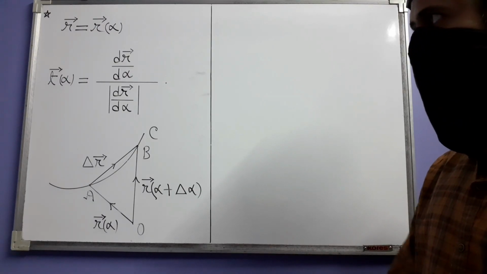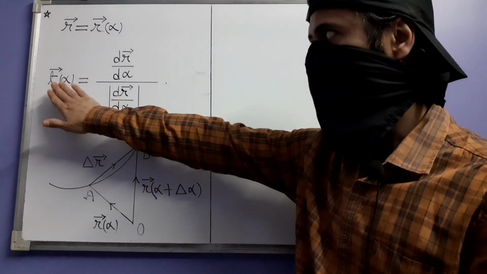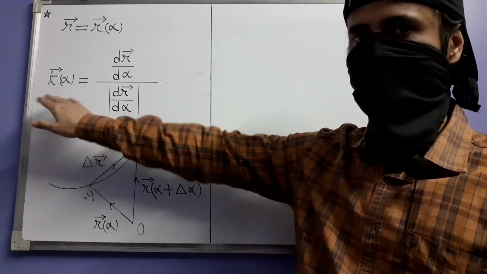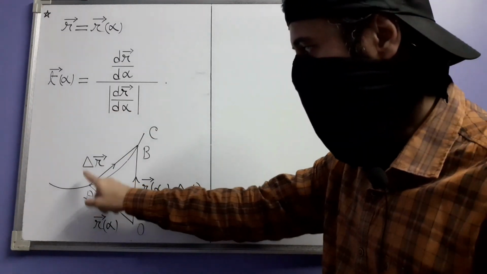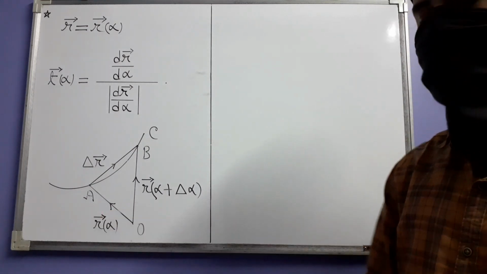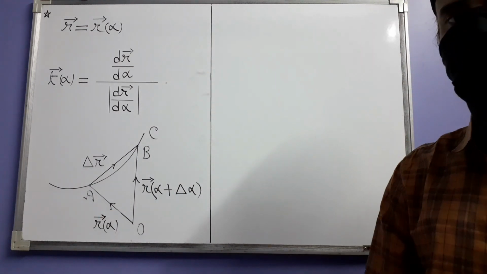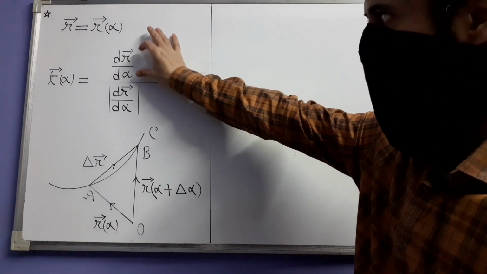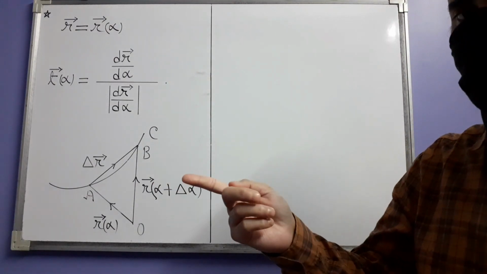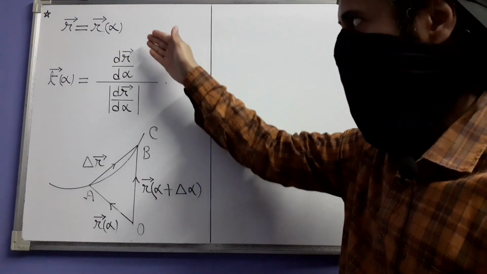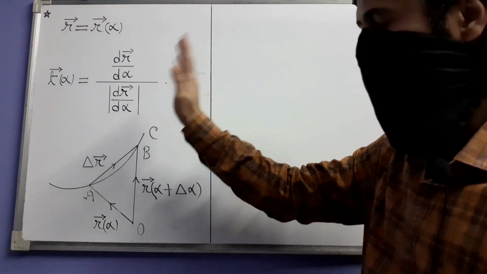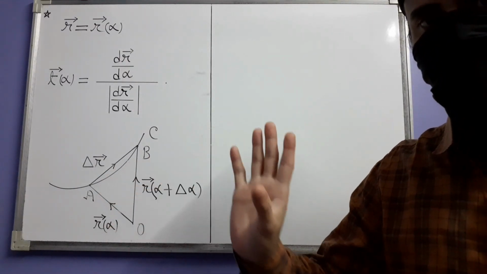And the unit tangent vector T of alpha for that specific value of alpha at this point A to this curve is by definition this. The derivative of r with respect to alpha at that specific point alpha, and this is the vector which we divide by its magnitude, obtaining a unit vector.